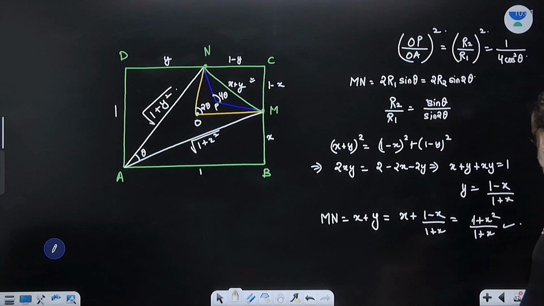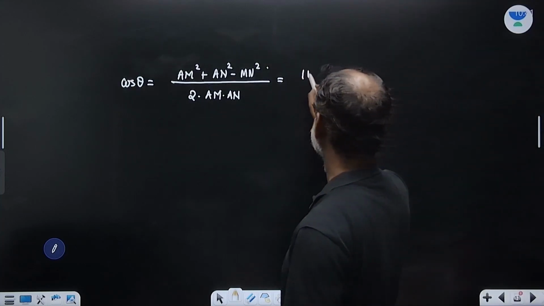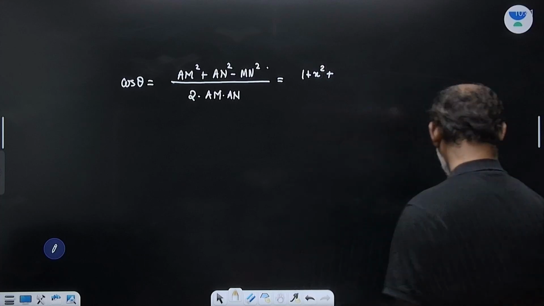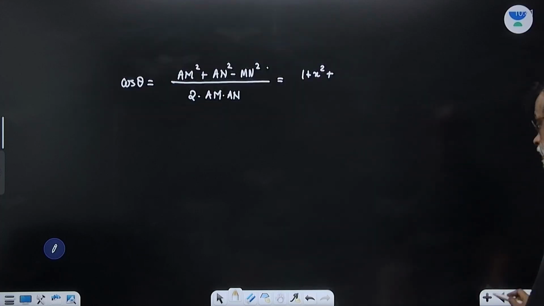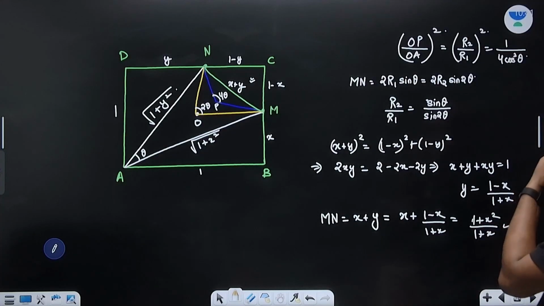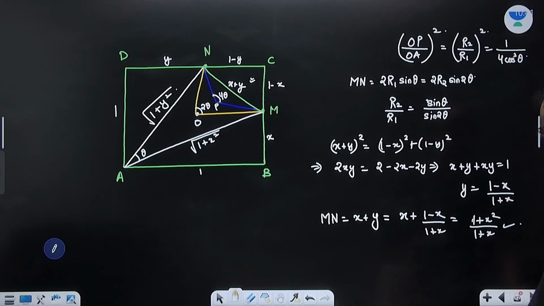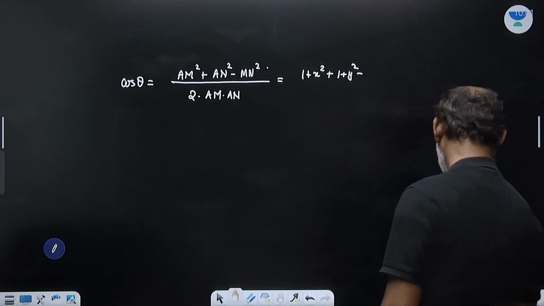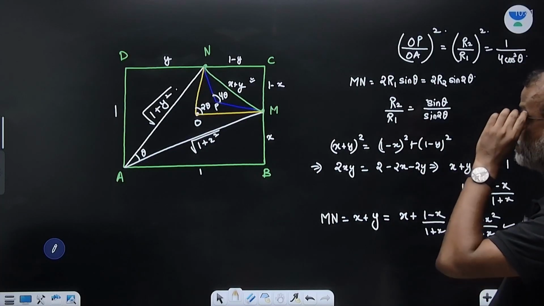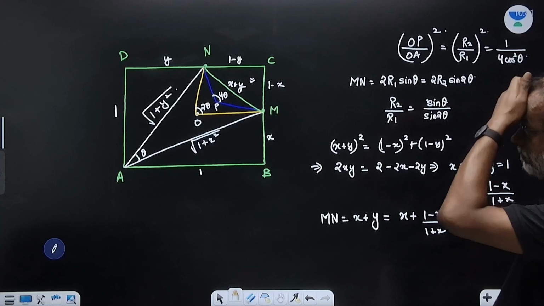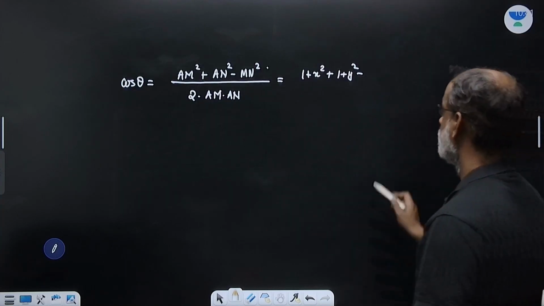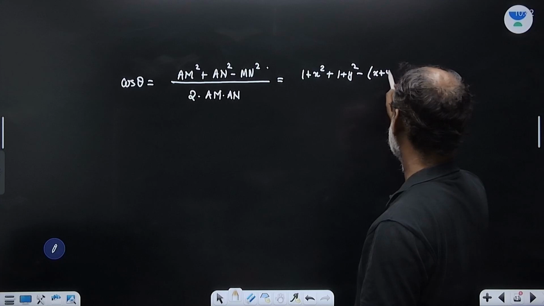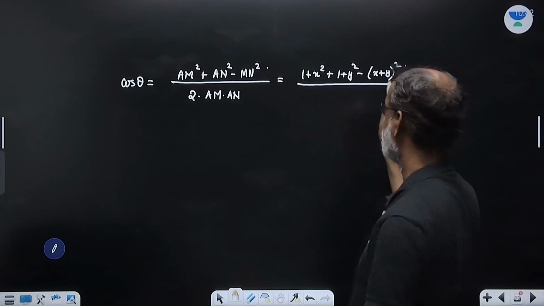AM square is 1 plus x square plus AN square is 1 plus y square, minus MN square. MN square is x plus y whole square, upon 2.